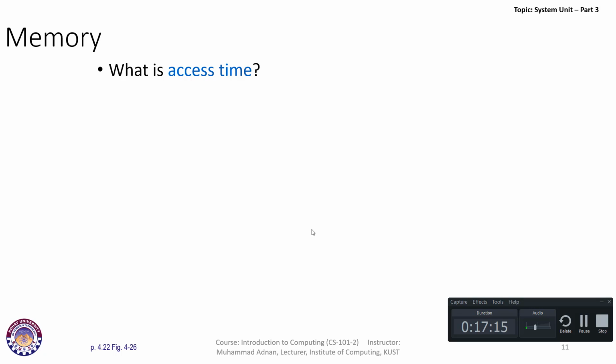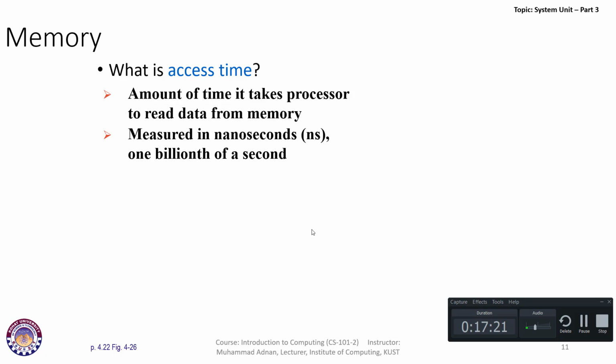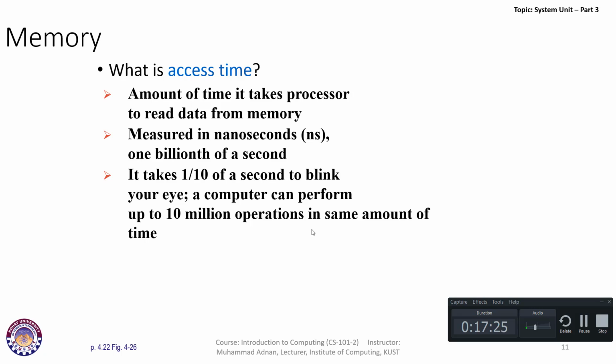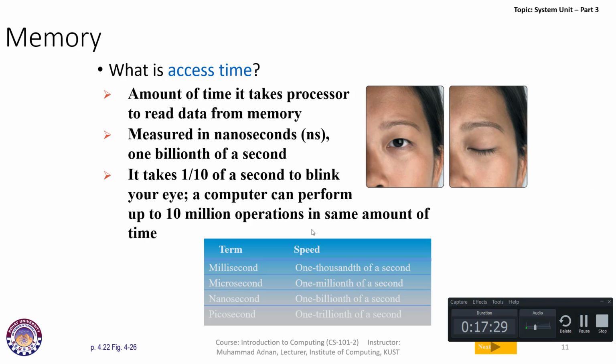Okay, then we have another important term that is often used by computer professionals, and that is access time. When you are measuring computer performance, knowing about access time is very important. Access time is the amount of time it takes the processor to read data from the memory.